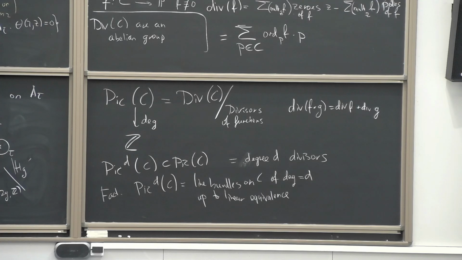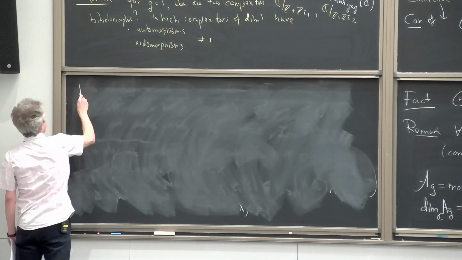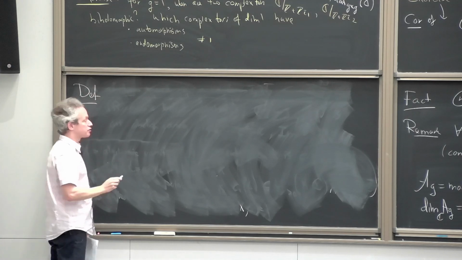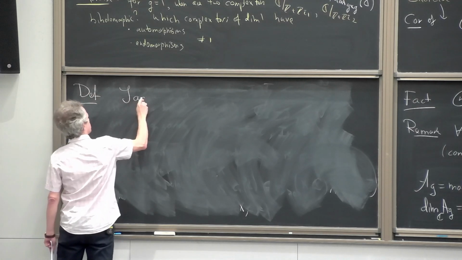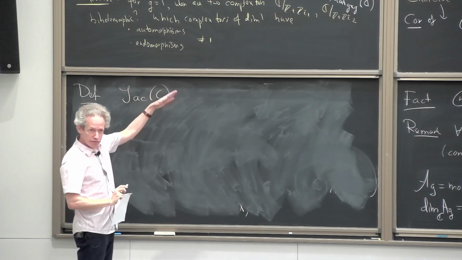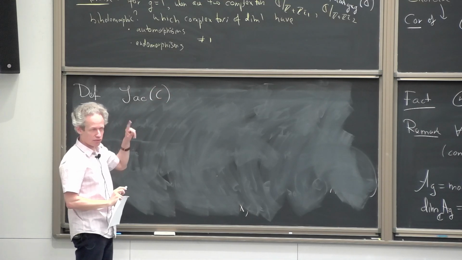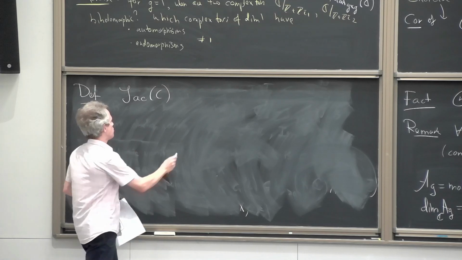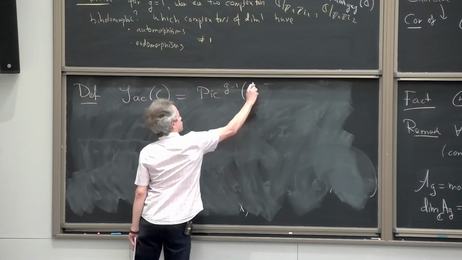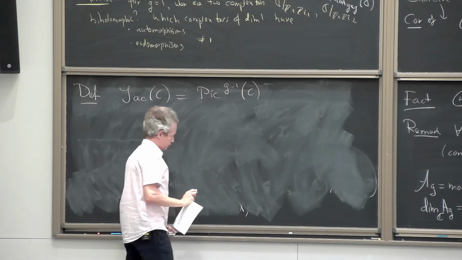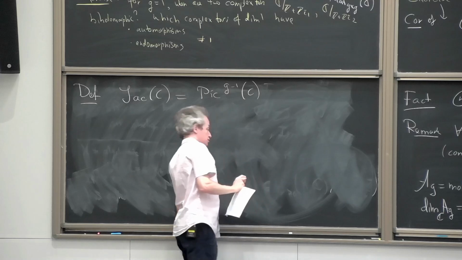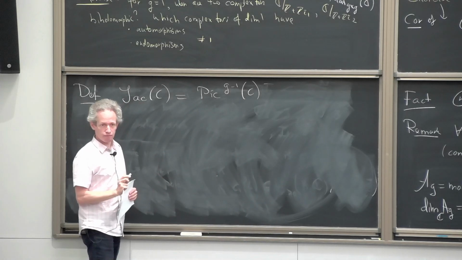Okay, so definition. This is not a very nice definition. I want to tell you what the Jacobian of C is. I told you last time, I took integrals of a basis of homology and so on, but I can just tell you that this is Pic^(g-1) of C. This is just a definition.